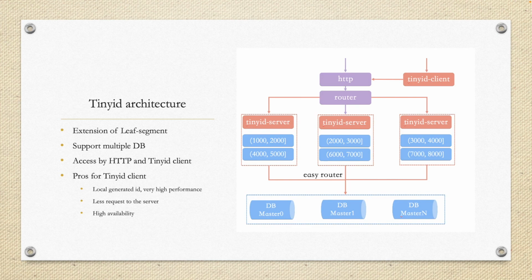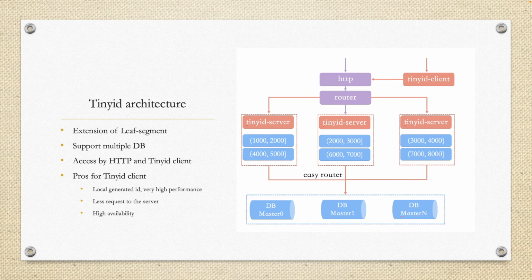Another important extension is that it does not only provide HTTP to the clients, but also provides a Tiny ID client. The Tiny ID client provides the following features. It stores locally generated IDs, and in this way it has very high performance.